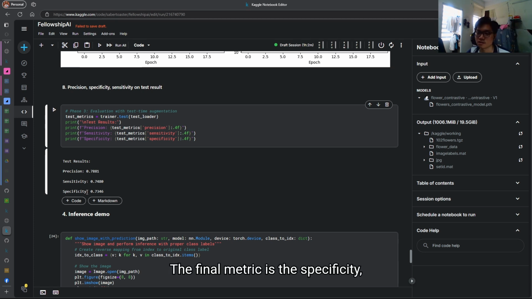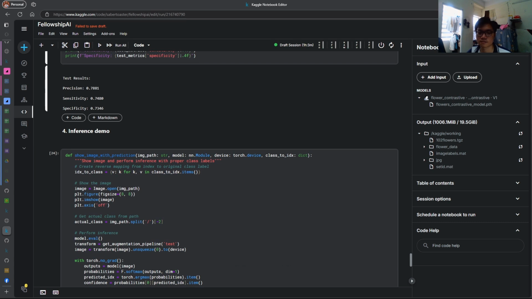The final metric is the specificity, which is about 73%, and it means that the model correctly identifies whether a flower does not belong to a class about 73% of the time. Both sensitivity and specificity are balanced with each other, so it suggests that the model isn't biased toward either positive or negative predictions.